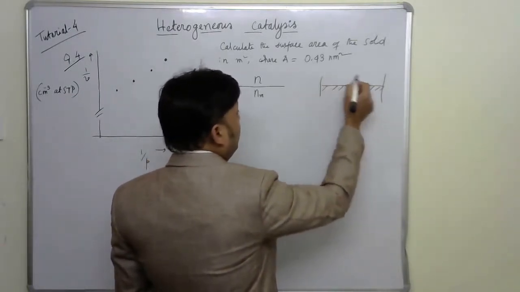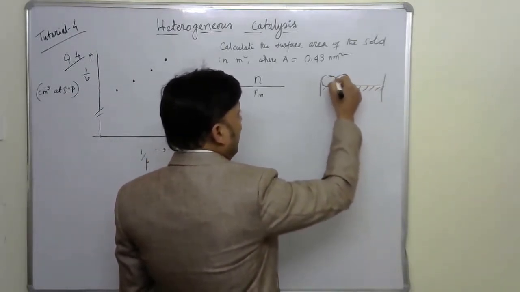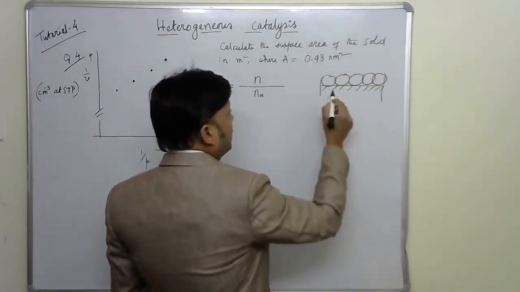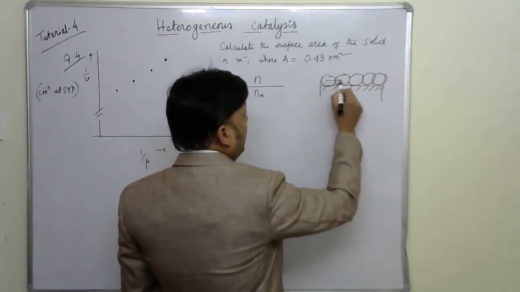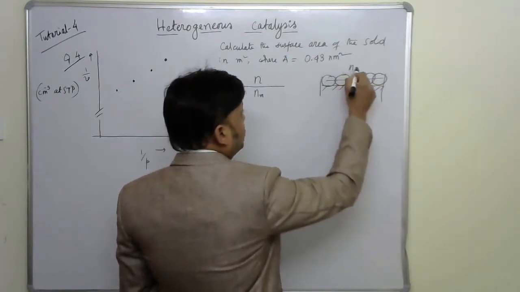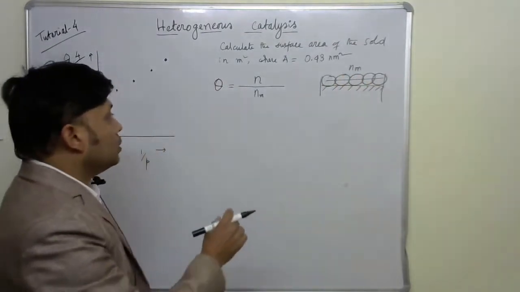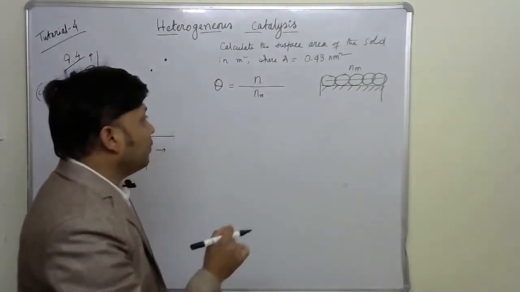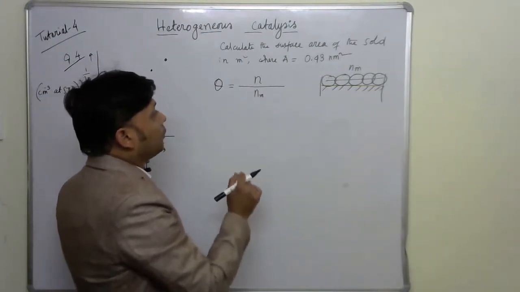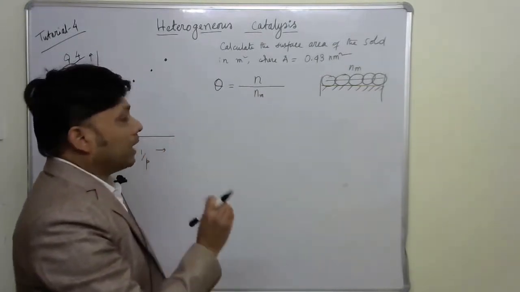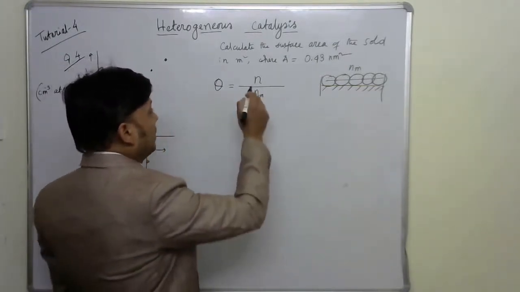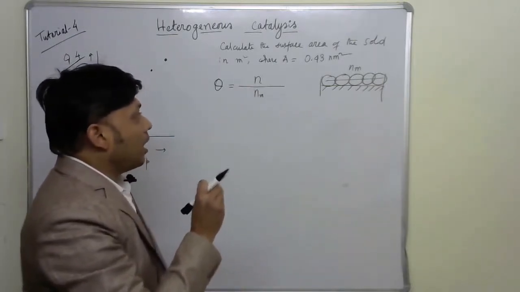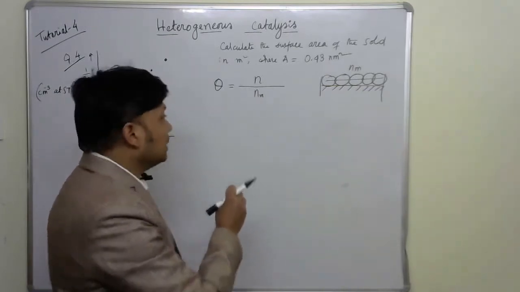If we require a certain number of molecules to cover it completely, this entire number is called Nm. So the number of molecules required to form a complete monolayer signifies the total number of possible vacant adsorption sites, and N represents the number of gas molecules actually adsorbed on the sites.